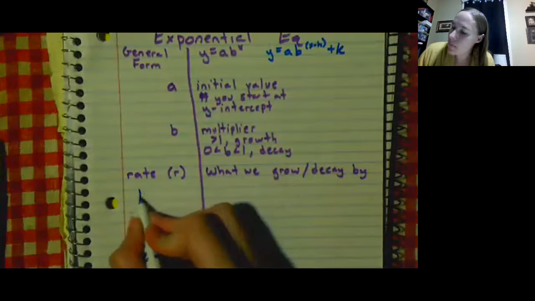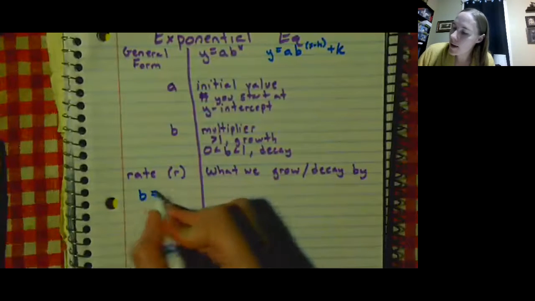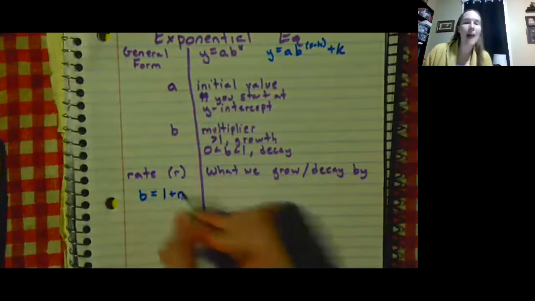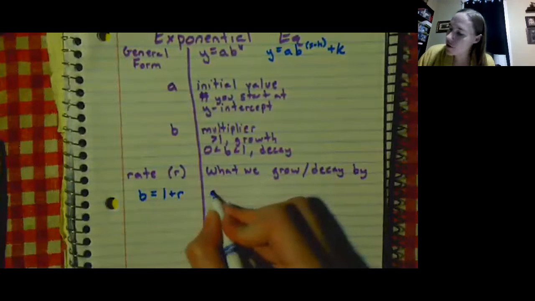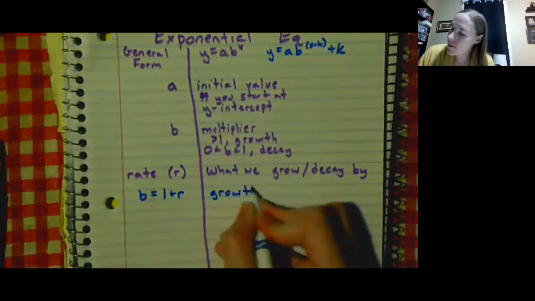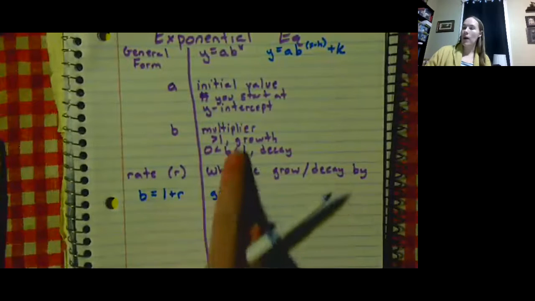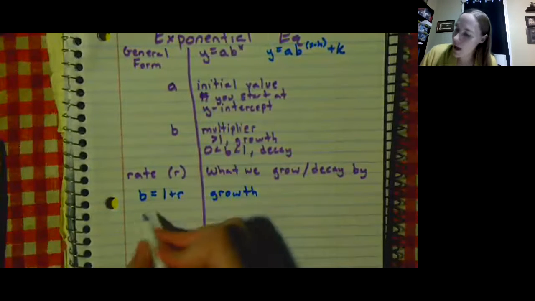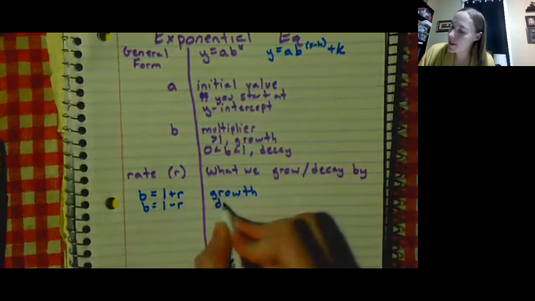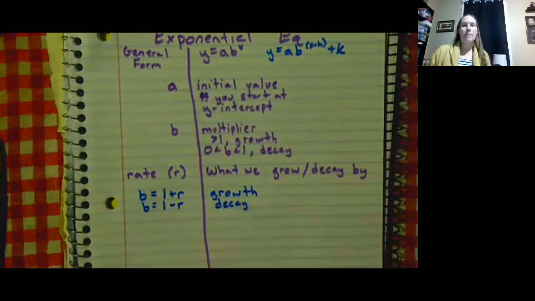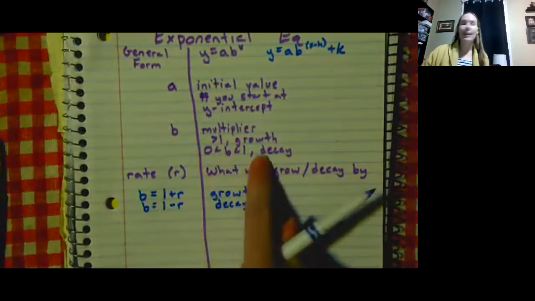If our b is 1 plus whatever our rate is, that means it's growth, because it'll be greater than 1. If our b is 1 minus our rate, it's going to be decay, because that is less than 1.